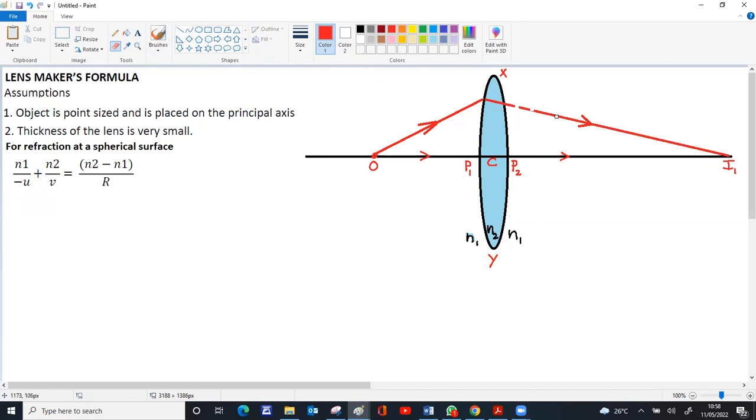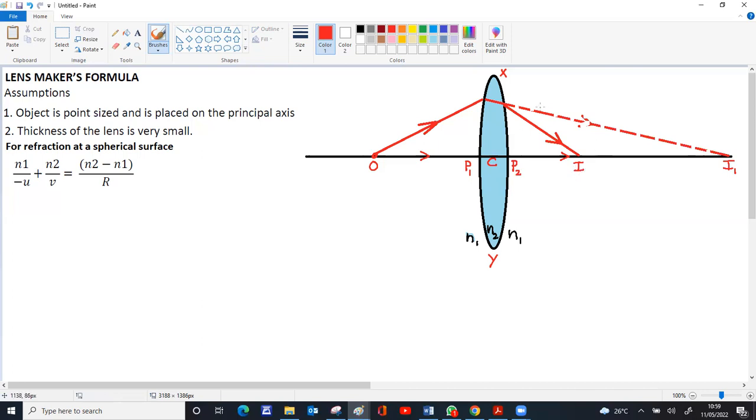This is only the expected path of the light ray. The second refraction at this point will make the light ray bend further, so that will be the final image formed. So that's the actual image point I, the result of the second refraction.